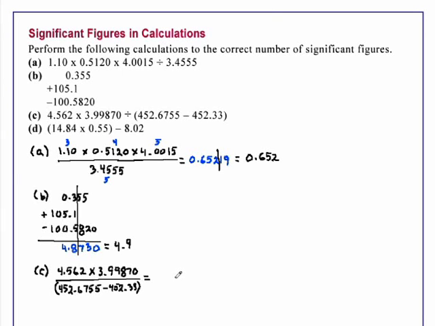So when we do that, we have, still in the numerator, 4.562 times 3.99870, and in our denominator the result of the subtraction is 0.345.